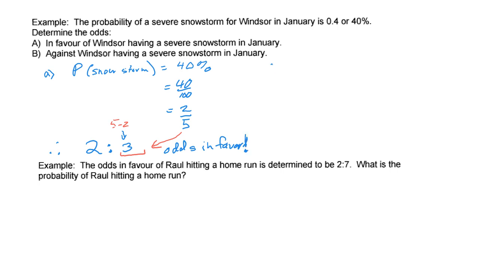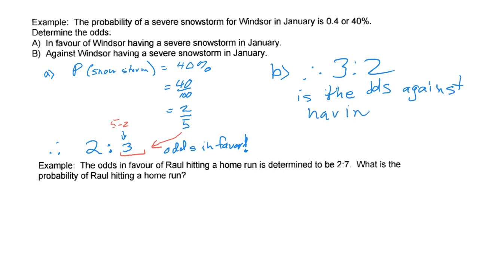And now, B. What are the odds against having a snowstorm? In this case, instead of 2 to 3, the answer is 3 to 2, the odds against having a snowstorm.